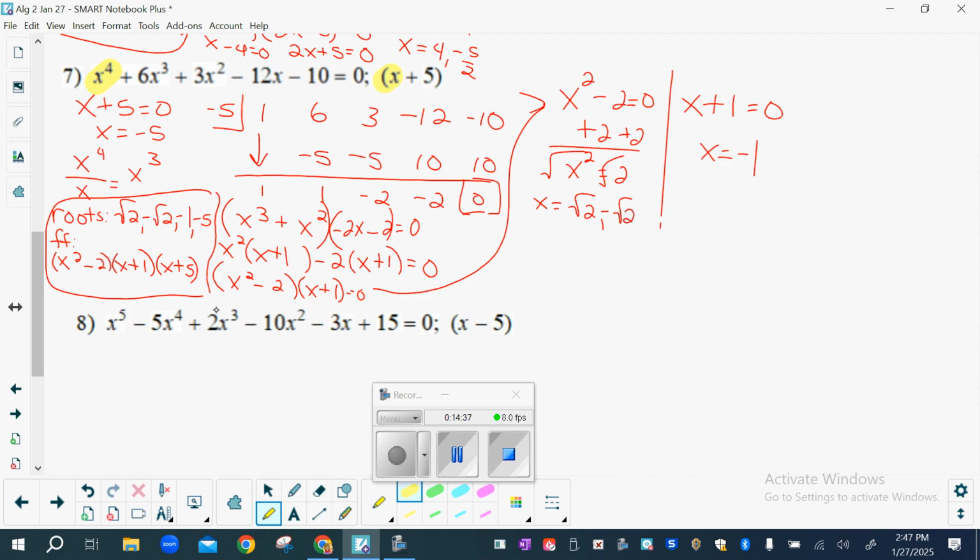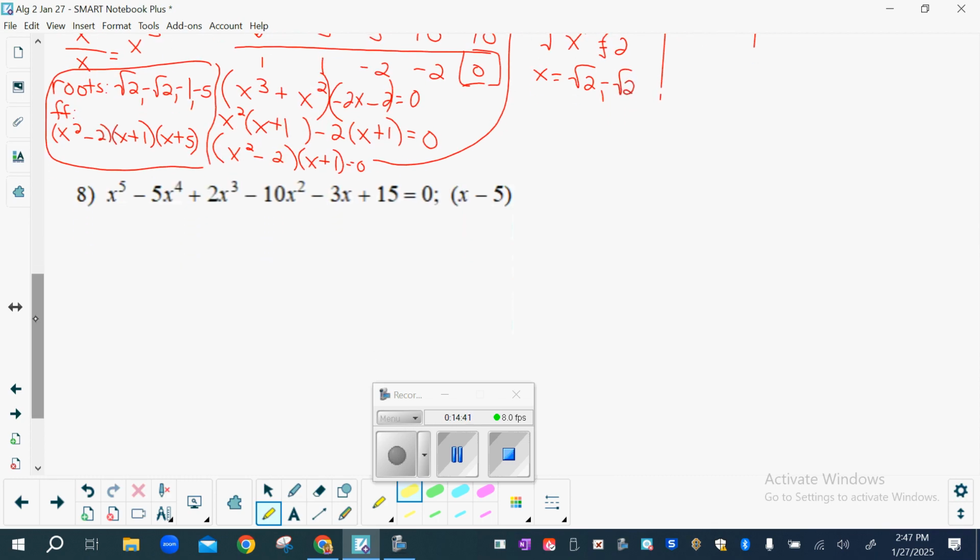Okay, one more. Try to go quickly through this. I know because there's all different types. So x minus 5 equal to 0.